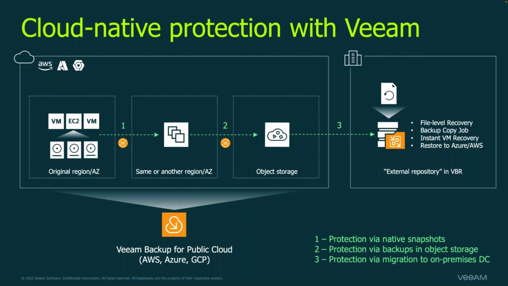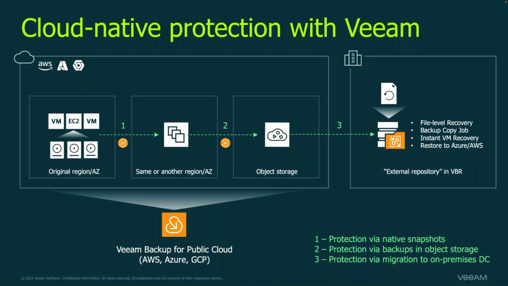The second stage is the capability to perform a backup. A snapshot is not sufficient to protect your workload, but it depends on your source. Of course, it gives you faster backup and recovery. Object storage provides another copy of your workloads in a backup format.